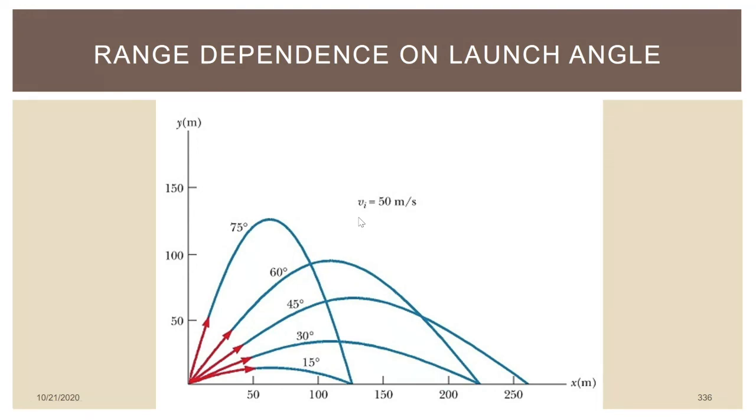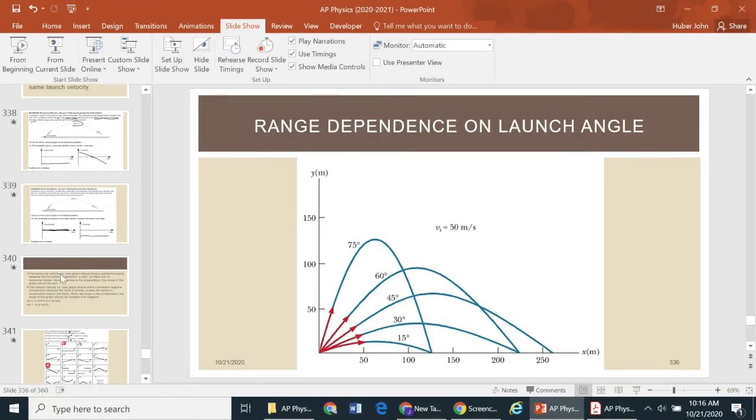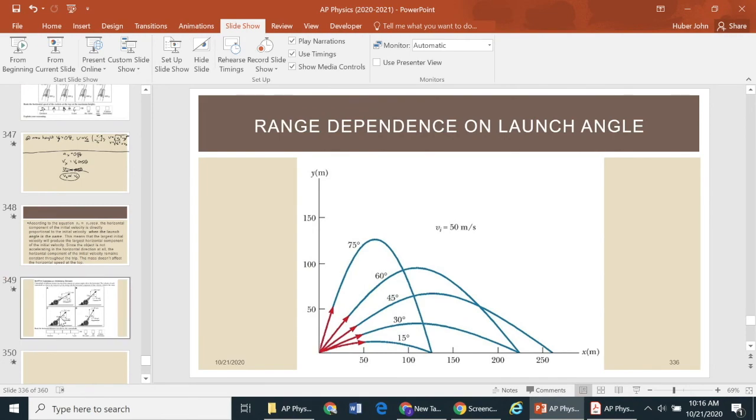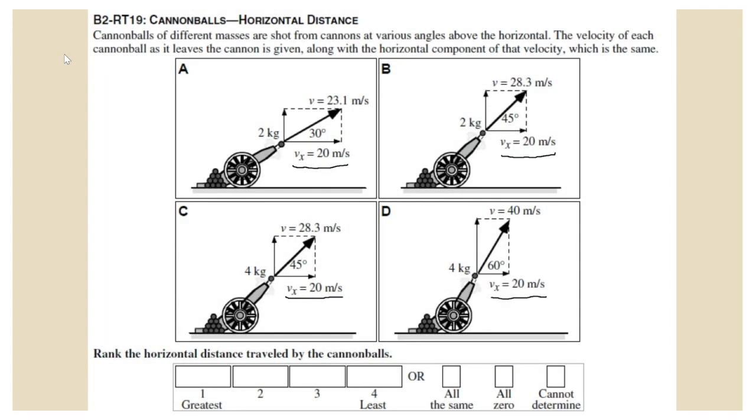So this comparison doesn't quite hold up when you're talking about different launch velocities. And so we're just going to have to go ahead and do this the old-fashioned way.